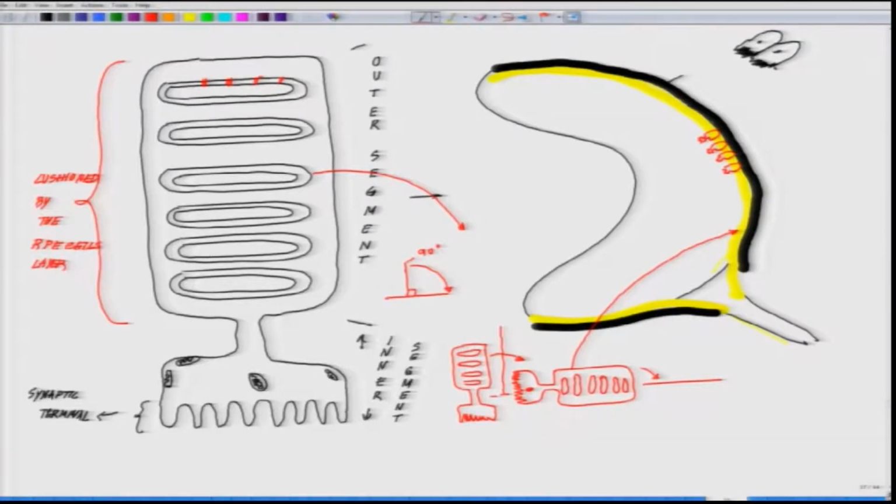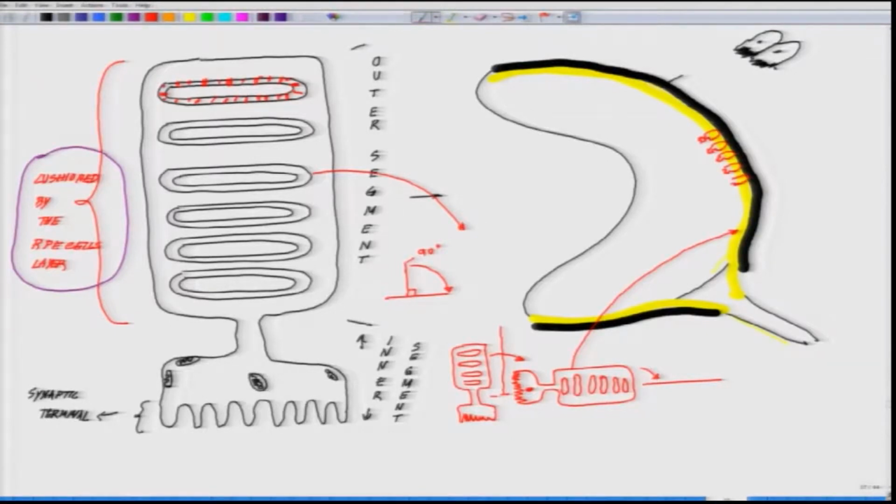So this part needs to be given the maximum care. So, cushioned by the retinal pigment epithelial cell layer.